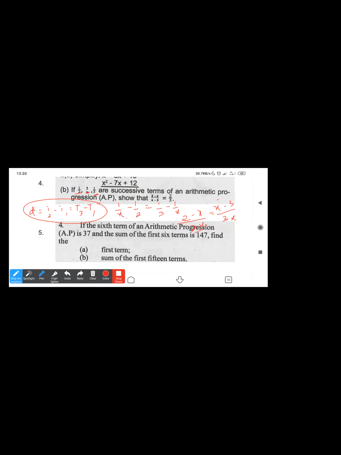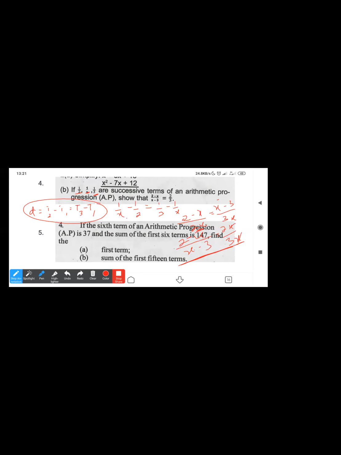If you swap 2x and x minus 3, you are going to have 2 minus x over x minus 3, which will be equal to 2x over 3x. So x cancels x. So we already get the required equation that they want us to show. That's 2 minus x over x minus 3 equals 2/3.